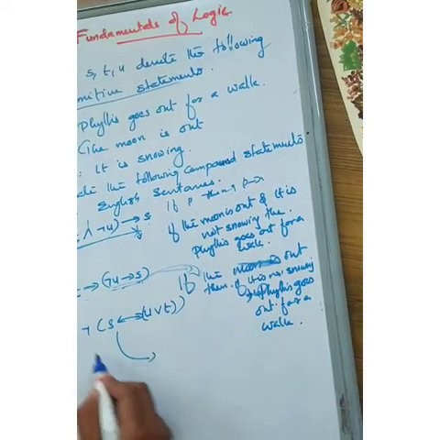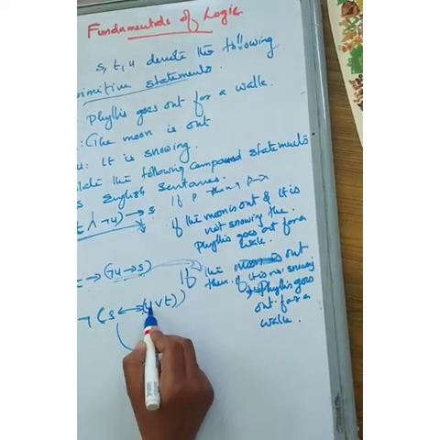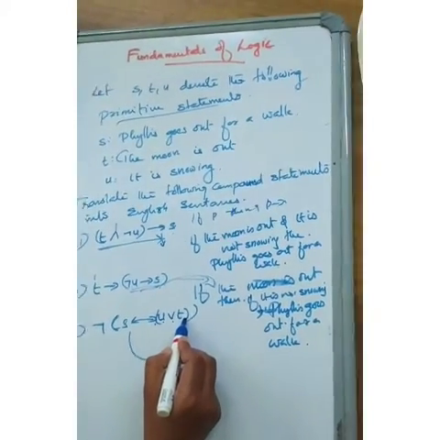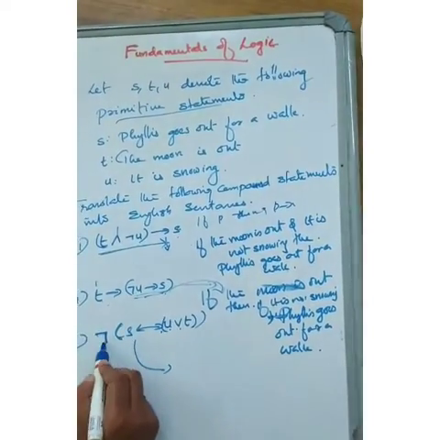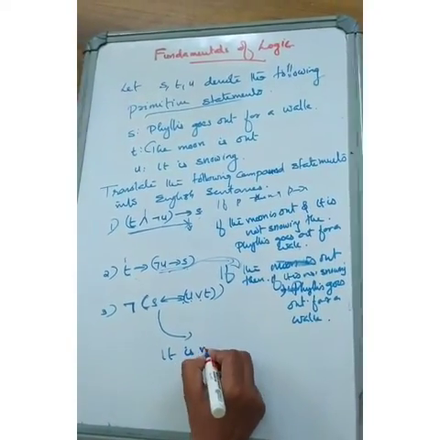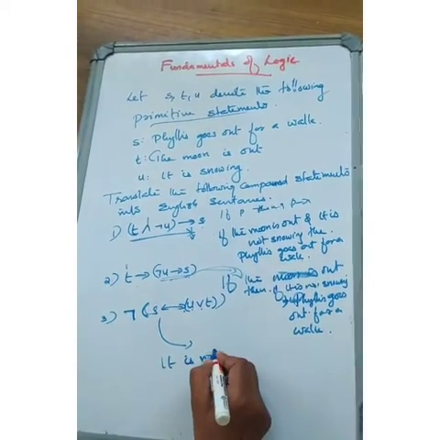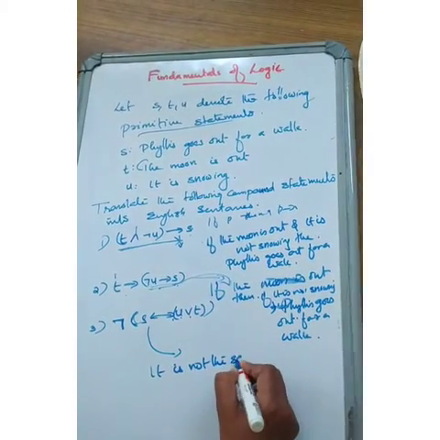The next sentence is negation of S implies and implied by U or T. First it is negation of. If the negation comes first, we always write it is not the case that.